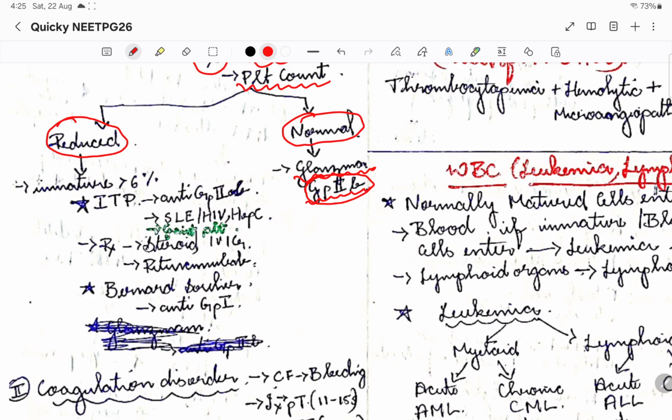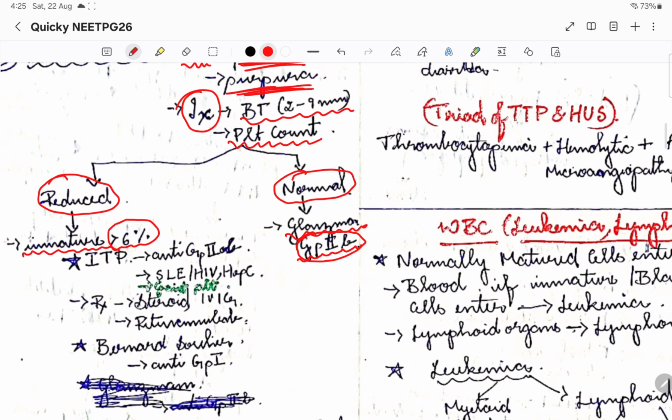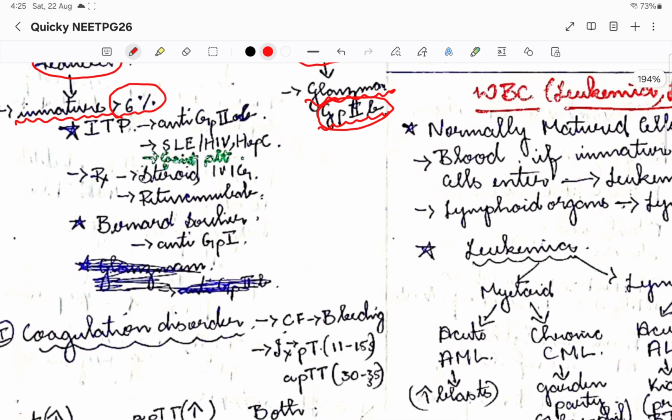Now, if platelet production is reduced, remember that if immature platelets are more than 6%, then we take it as the platelet count being reduced.